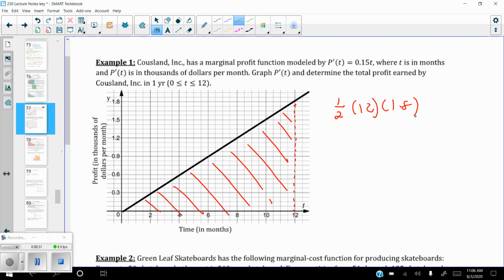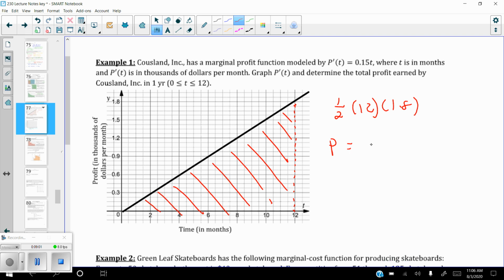So our profit over the first 12 months is going to be 1/2 of 12 times 1.8. So 1/2 of 12 is 6. 6 times 1.8, trying to do this in my head here, 6 times 8 is 48, carry the 4, so 104.